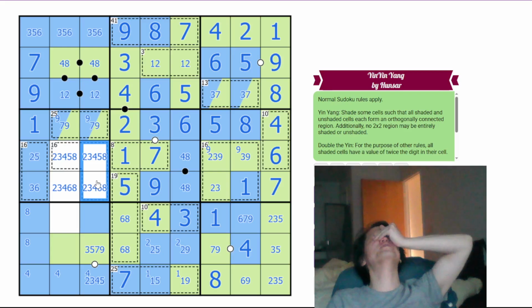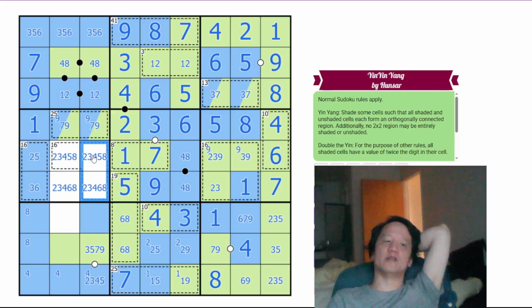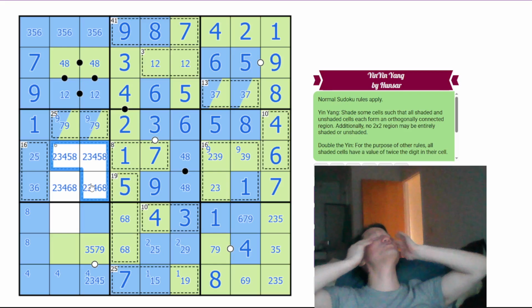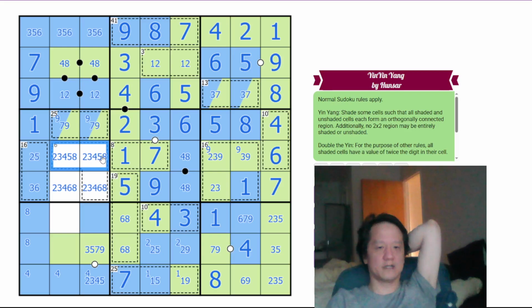You can't have 2 doubled because that would be 2 and 4 at minimum. So that would be doubled, would be 2, 4. That would force this to be 3, 5. So you would have 6 left. 2, 4 doubled is 6 times 2, which is 12, plus 6 is 18. So that would not add up to 16. So only one of these is doubled. And therefore this is undoubled. So we have a blue and a green here.